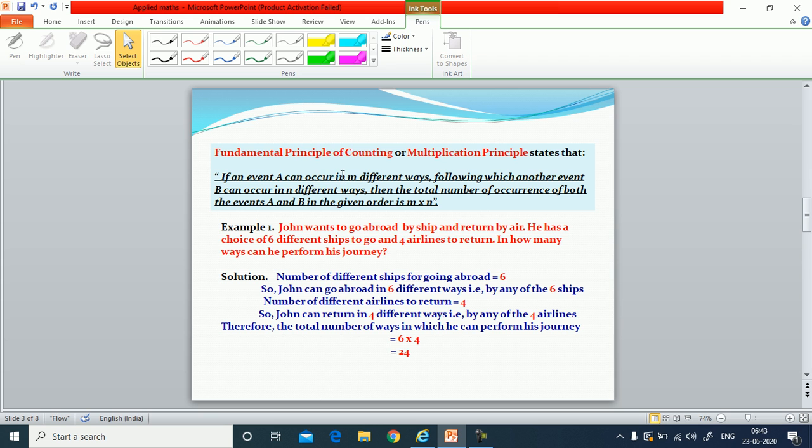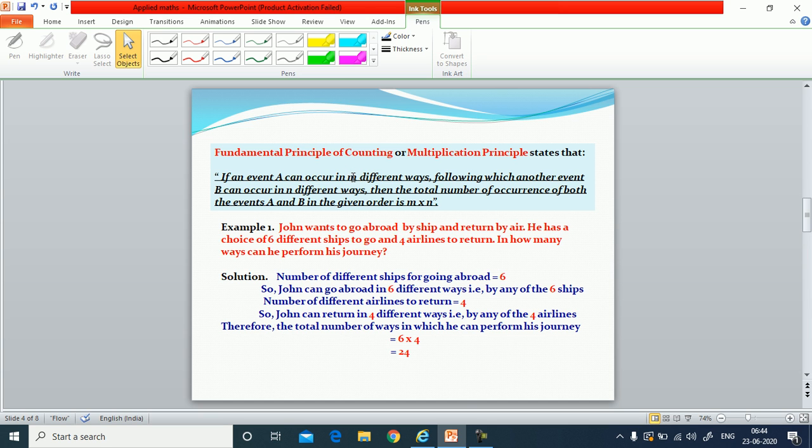Now this gives us the fundamental principle of counting, which is also called the multiplication principle. It states that if an event A can occur in m different ways, that means if something can happen in these many number of ways, following which there is another event B which can occur in n different ways.